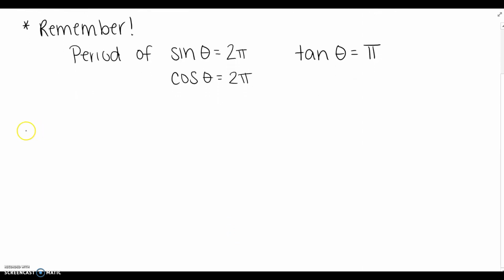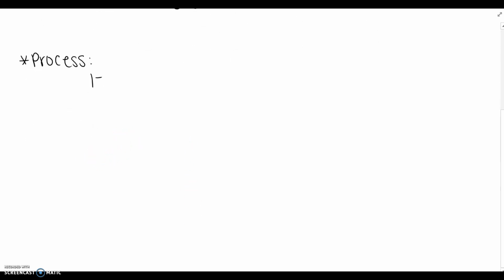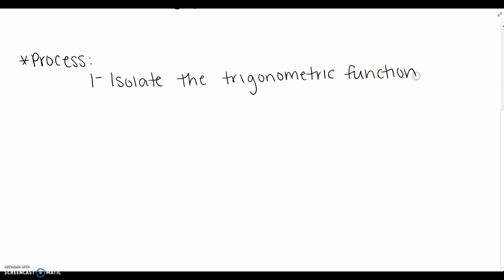So when we're solving, the process is going to be, first, isolate the trigonometric function. Once you've isolated it, you're going to move everything around so you've just got the trig function by itself.